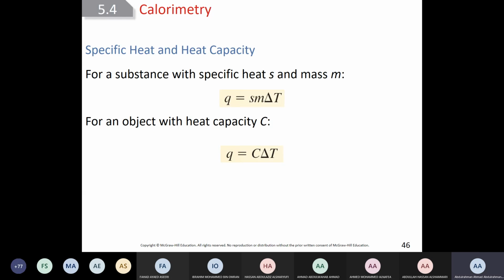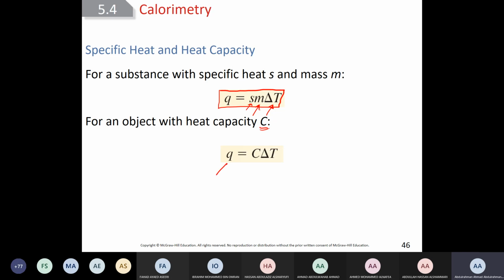Now, I want you to know that Q is very important. Very important law you have to know and know very well. Q, which is the heat, is equal to M S delta T. What's S? Specific heat. M? Mass. What's delta T? Change in temperature. Good. How about if we have heat capacity?